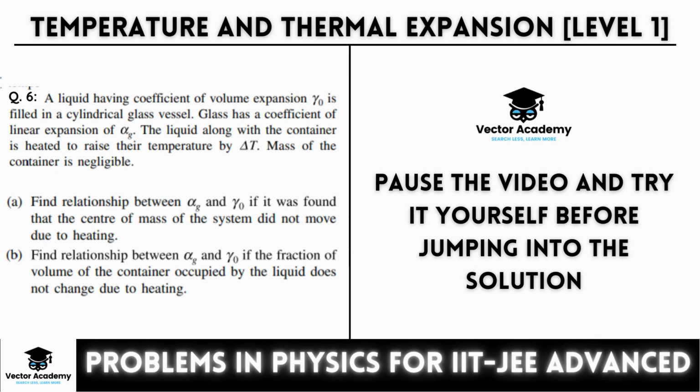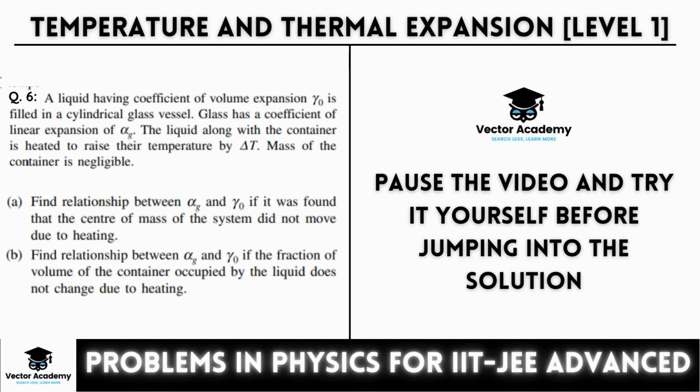Question 6. A liquid having coefficient of volume expansion gamma is filled in a cylindrical glass vessel. Glass has a coefficient of linear expansion of alpha g. The liquid along with the container is heated to raise their temperature by delta T. Mass of the container is negligible.